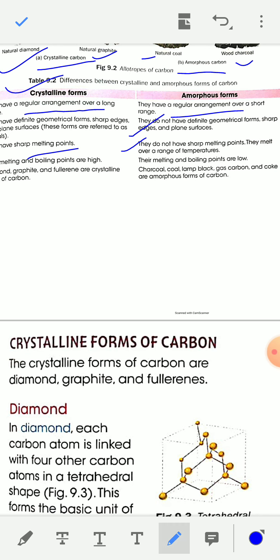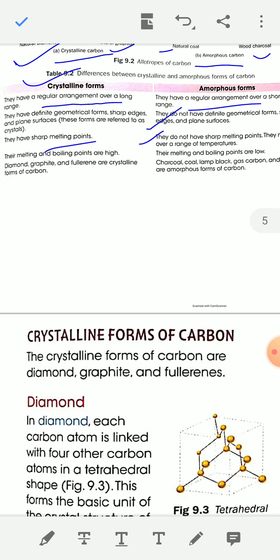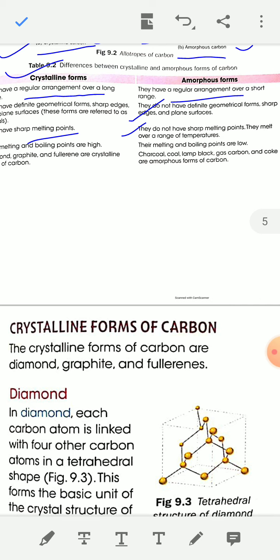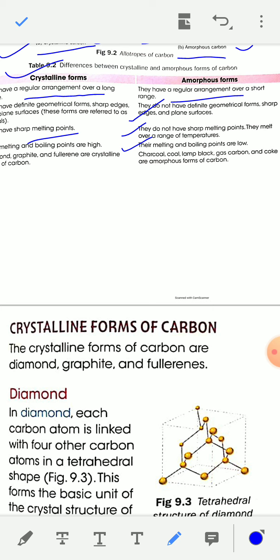Crystalline forms like diamond, graphite, and fullerene have very high melting and boiling points, while amorphous forms have low melting and boiling points.